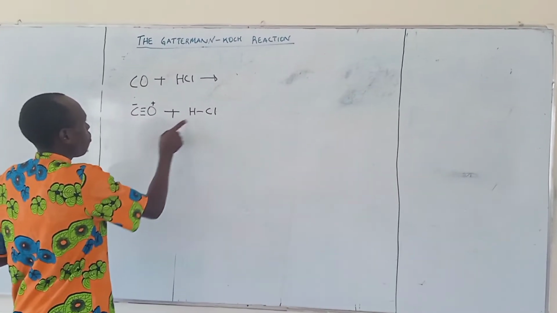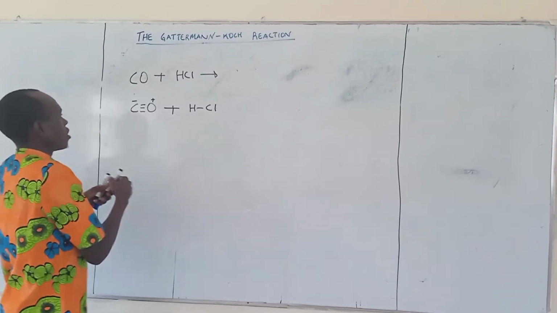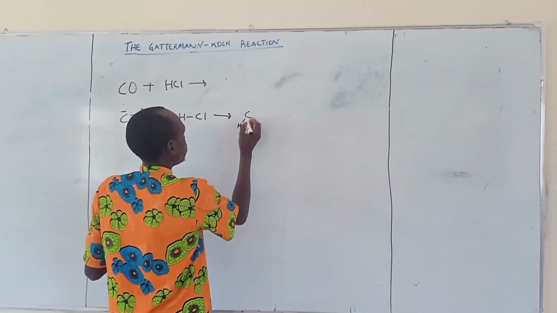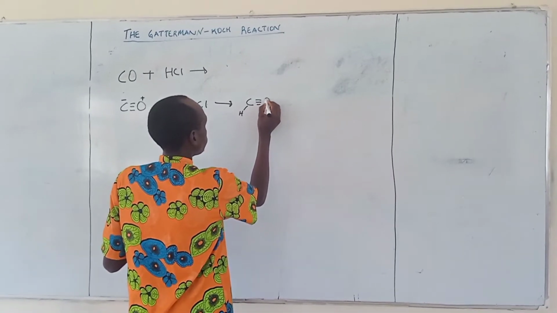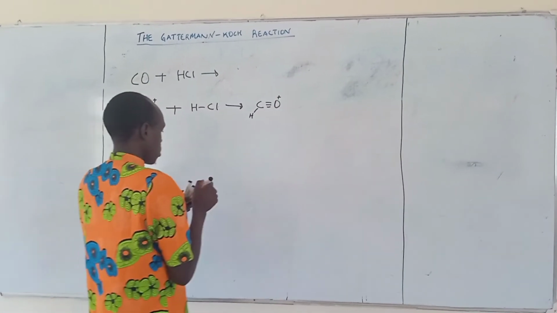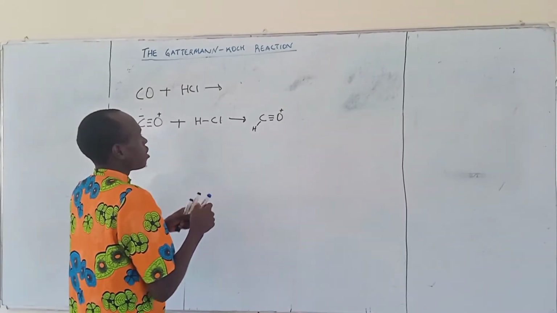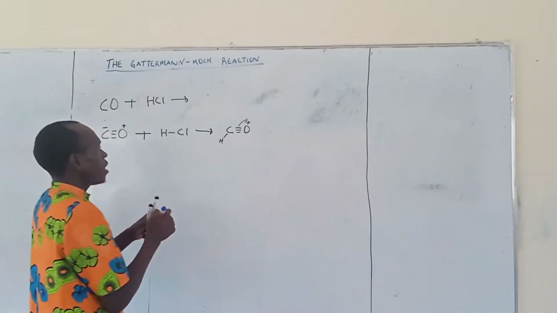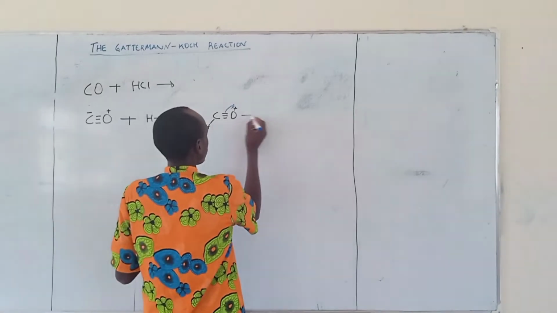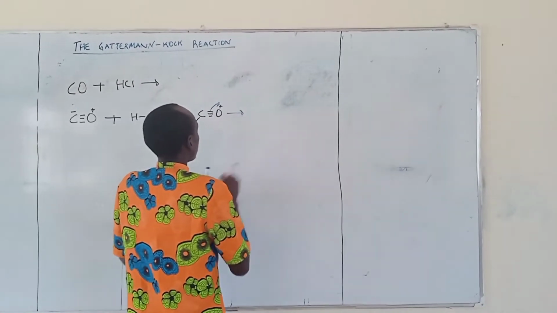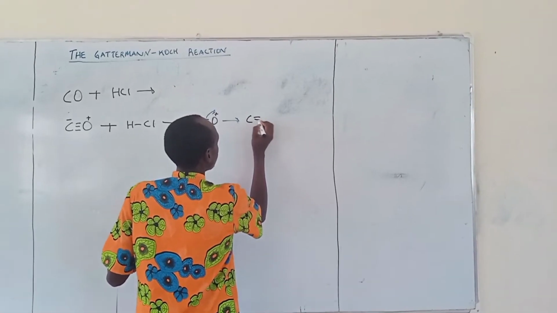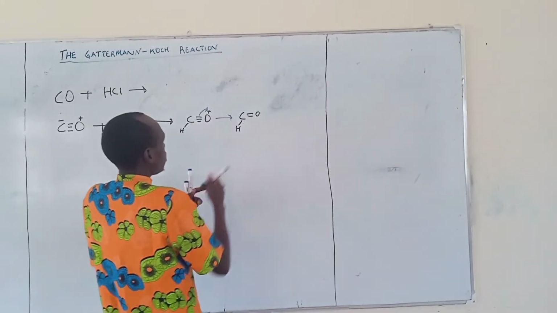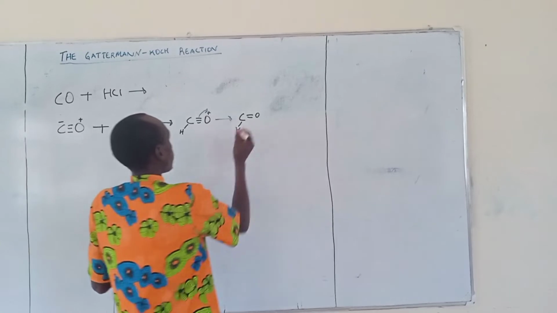This carbon will now pick on this hydrogen so that it becomes stable with 4 bonds, so that we can have C bonded to hydrogen, then 3 bonds to oxygen, which is still positive, and of these 3 bonds, 1 bond will come and neutralize the positive charge there, so that we can have carbon bonded with 2 bonds to oxygen, then to hydrogen here, and then it is having 3 bonds again, so it will acquire a negative charge.